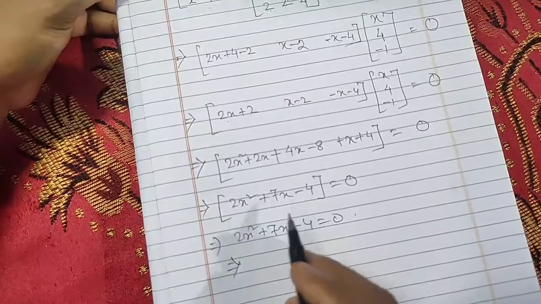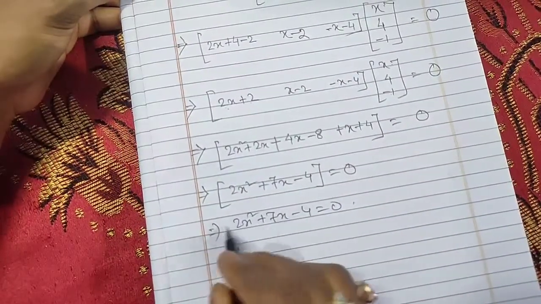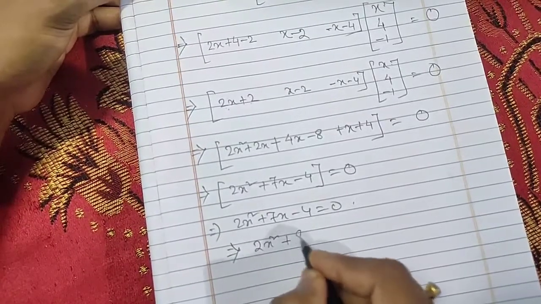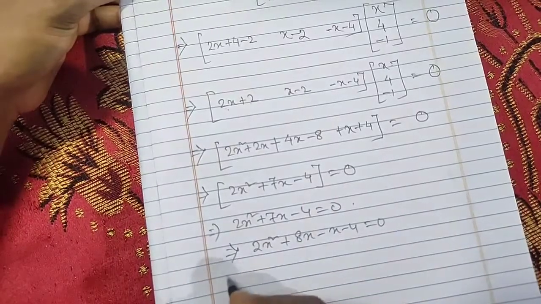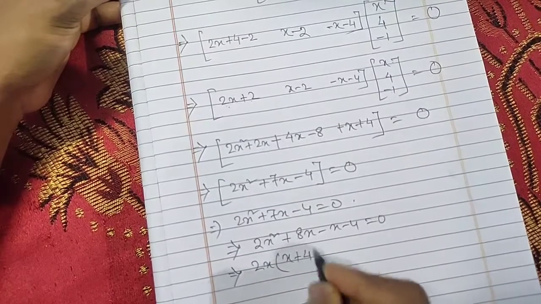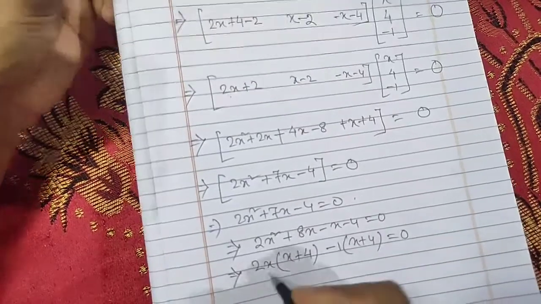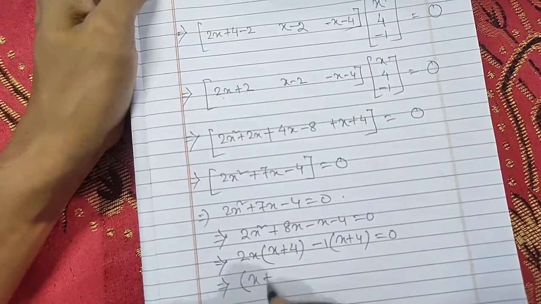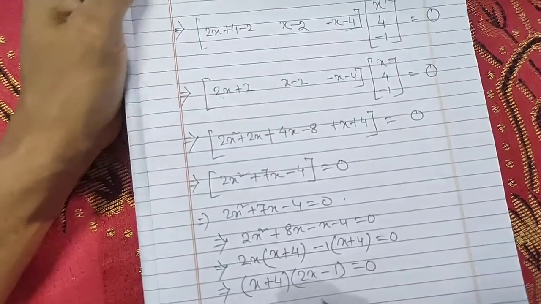So 2x square plus 7x minus 4 equals 0, which implies, now middle term factor, so 2x square plus 8x minus x minus 4 equals 0, which implies 2x common, x plus 4, minus 1 common, x plus 4 equals 0, which implies x plus 4 into 2x minus 1 equals 0.